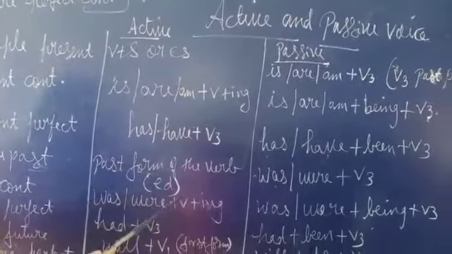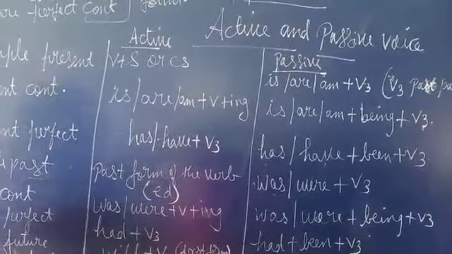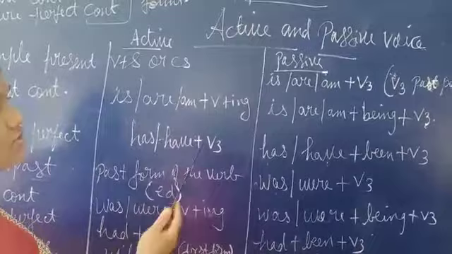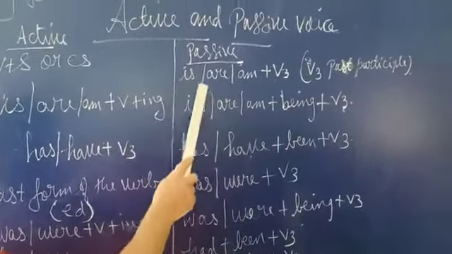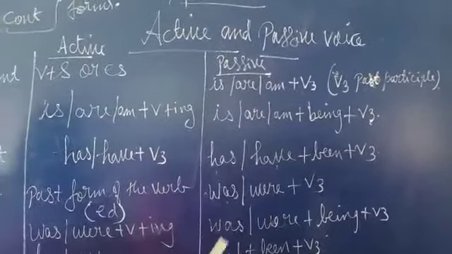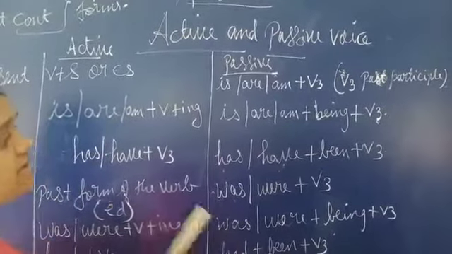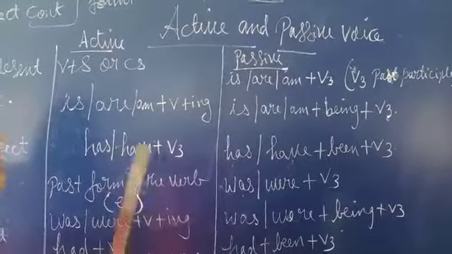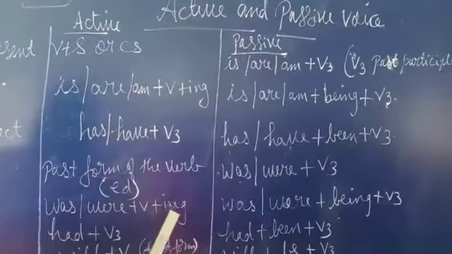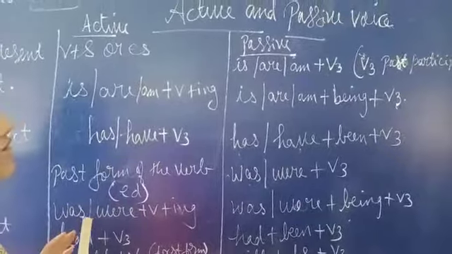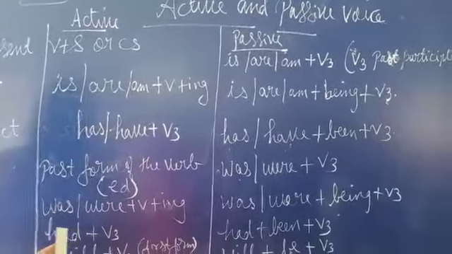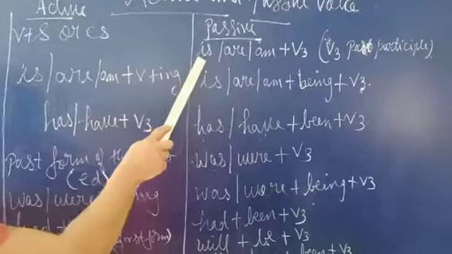The letter is singular, and the letter will be at the beginning. So a letter is. From these three, you have to use any one. Wherever two or three are given, you have to use according to singular and plural forms. Now the object is singular, which is a letter. So a letter is.